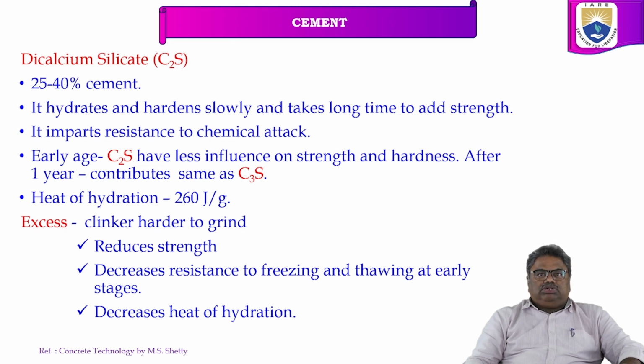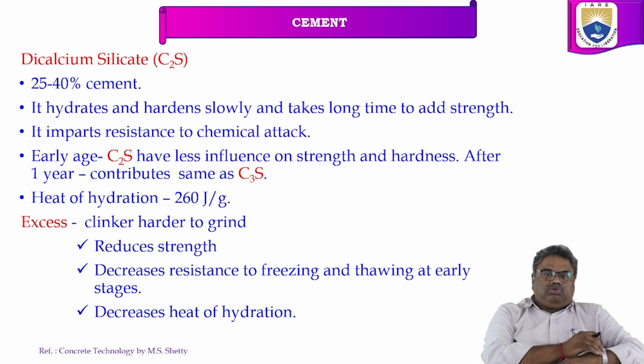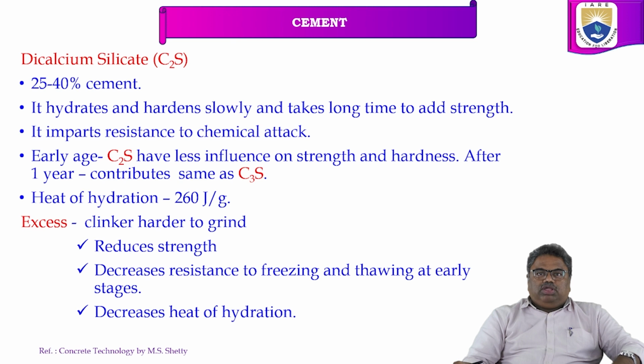At early age C2S has little influence on strength and hardness, but after 1 year it contributes the same as C3S. It is a very slow process. Whatever C3S contributes, C2S contributes the same after 1 year. The heat of hydration is 260 joules per gram.